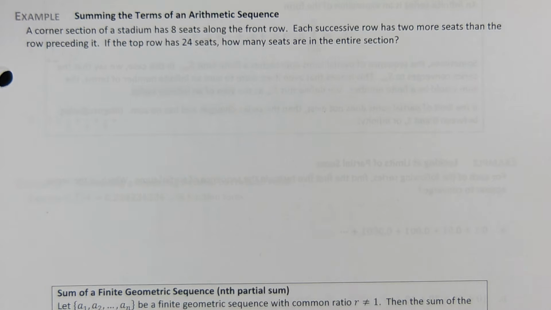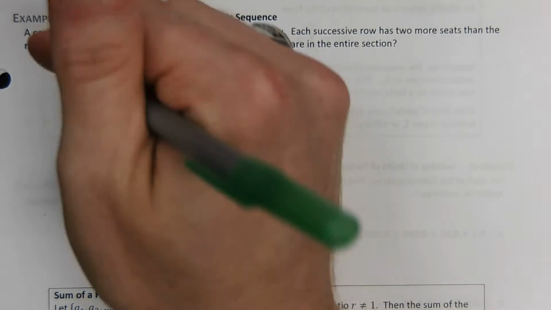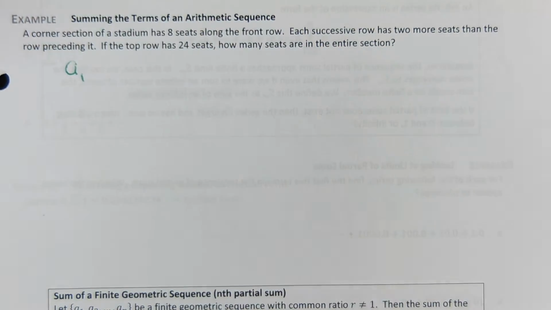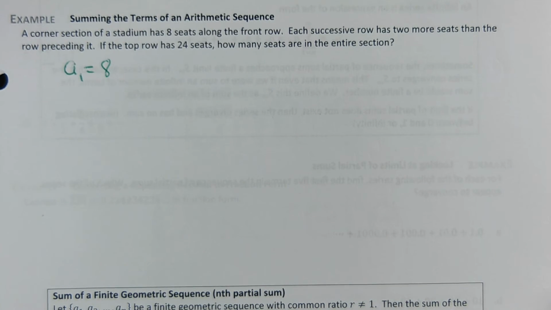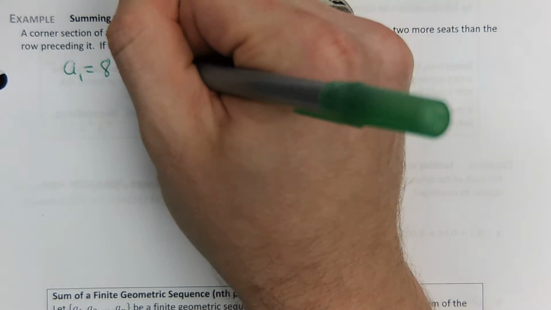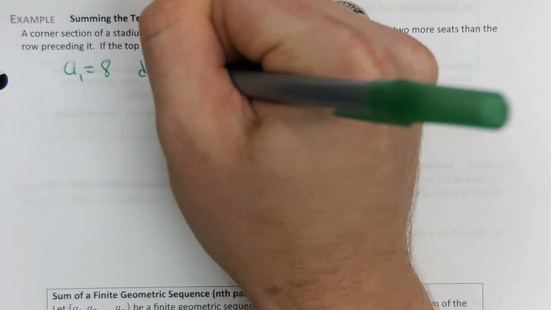What do we know? We know that it's an arithmetic sequence because the number of seats goes up by a set number each time. The very first term, meaning the first row, has 8 in it. And since it goes up by 2 each time, the common difference is 2.